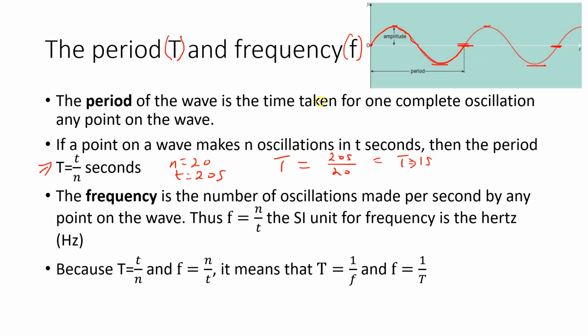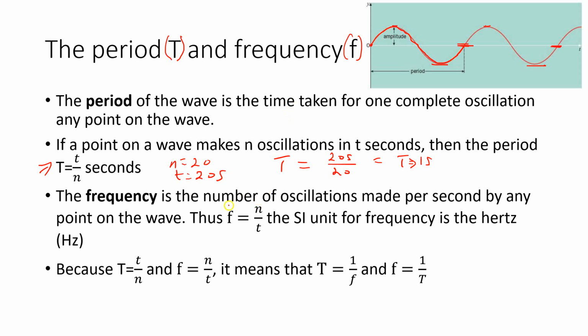All right. As it relates to frequency. Now, frequency has to do with the number of occurrences. In this case, the number of oscillations per unit time would be our frequency. So if I want to know how many oscillations are occurring within 1 second, what I would have to do is find the number of oscillations and divide it by that time to find out the number of oscillations per unit second.